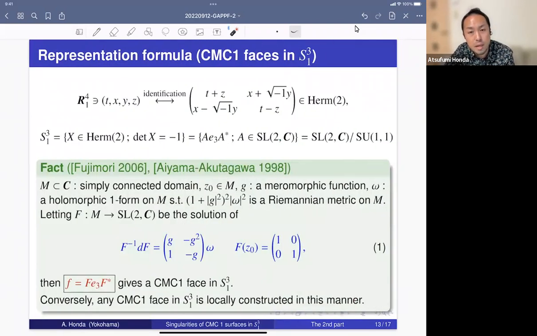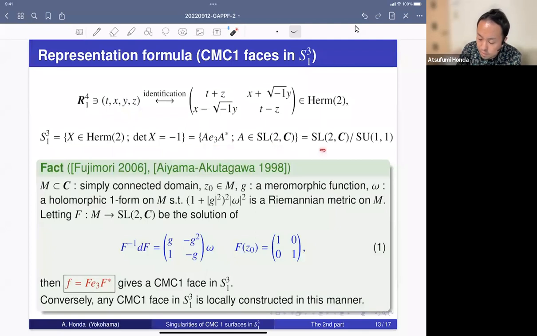I want to consider the case of de Sitter 3-space. If we identify Minkowski 4-space with the set of 2 by 2 Hermitian matrices in this way, then de Sitter 3-space can be written in this way and in this way.